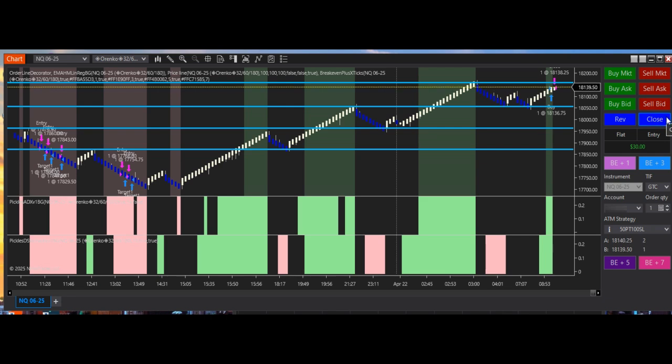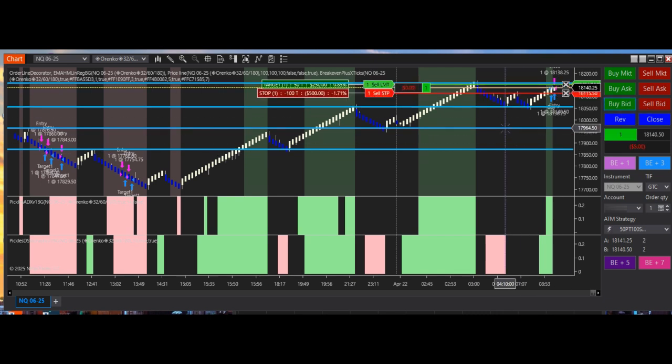So right now, my profit target just reached 50 ticks. Now I just got into another trade here.